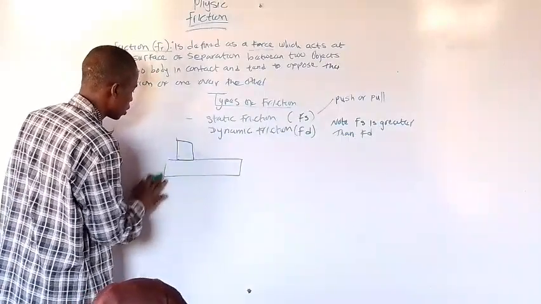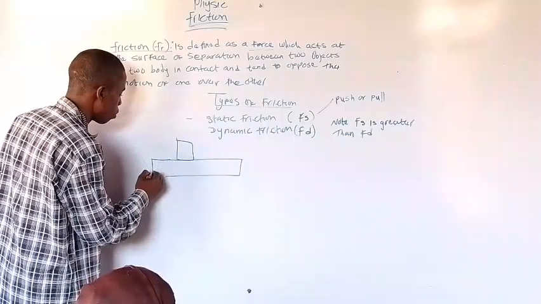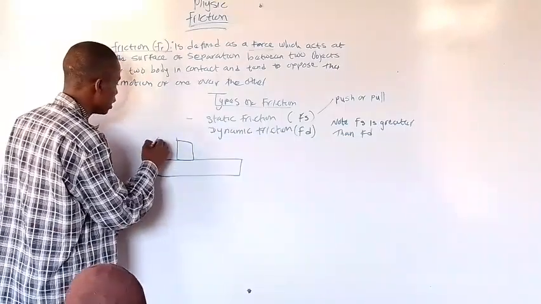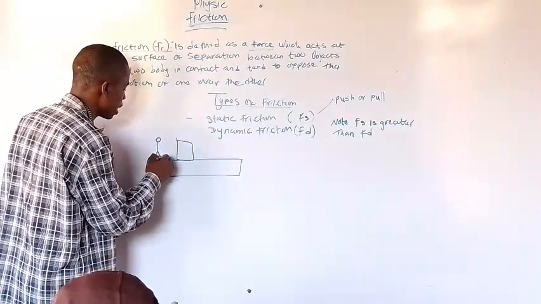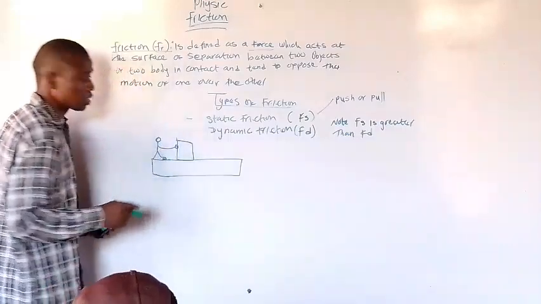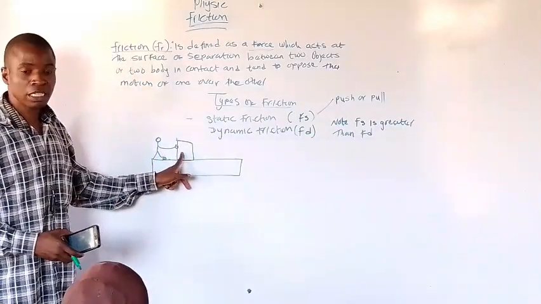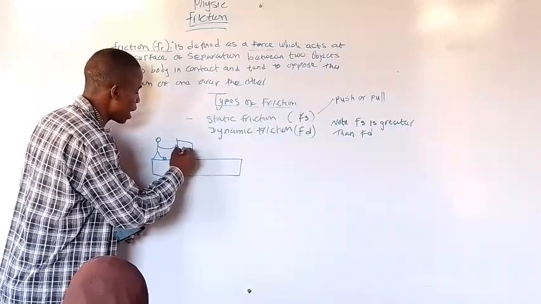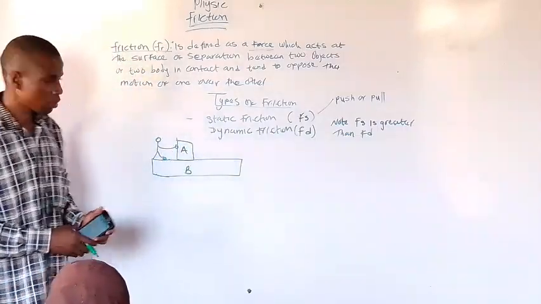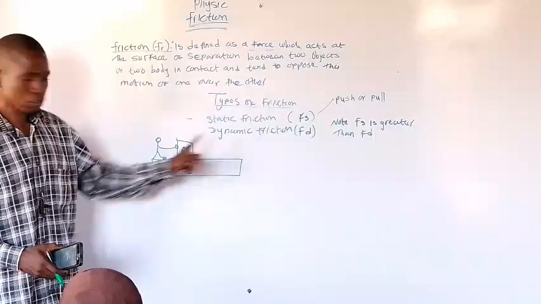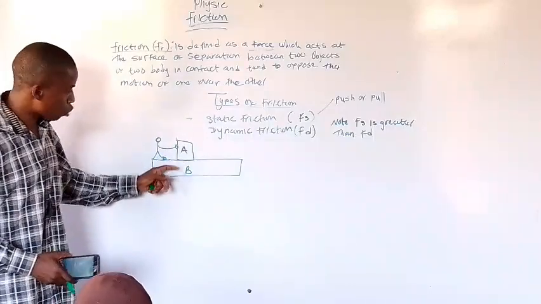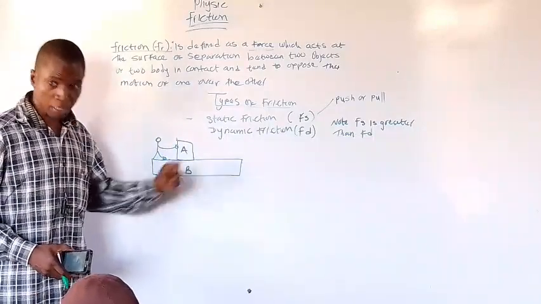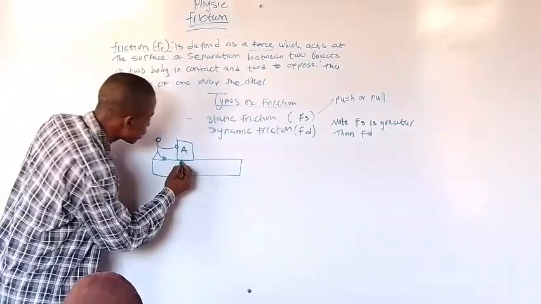Now, another body on top of the table. This man is here pushing. This is body A and this is body B. You are pushing body A on top of body B.